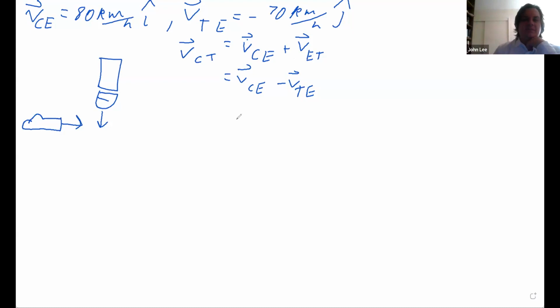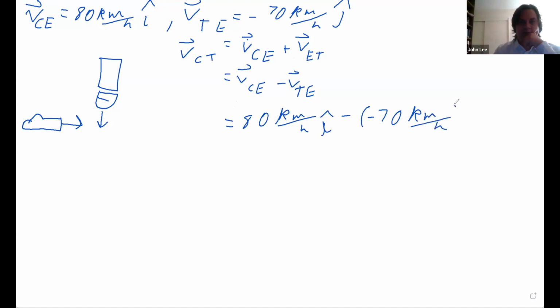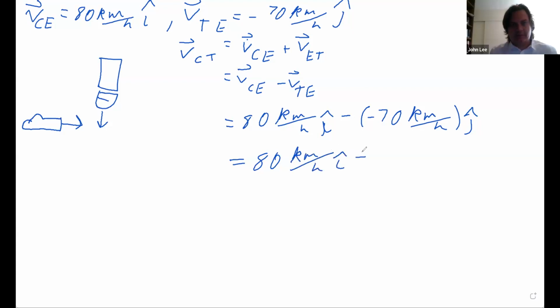So V_CE minus V_TE equals 80 kilometers per hour i minus negative 70 kilometers per hour j, equals 80 kilometers per hour i plus 70 kilometers per hour j.